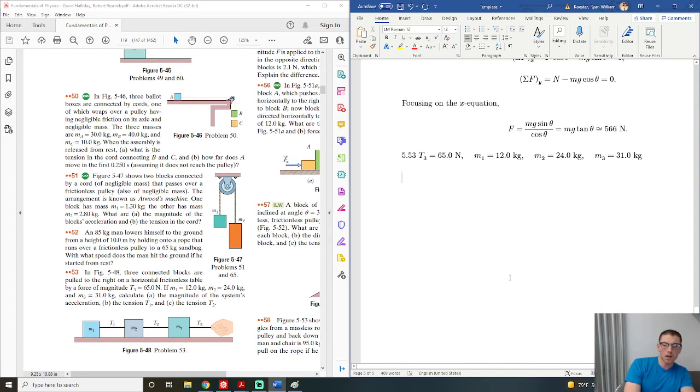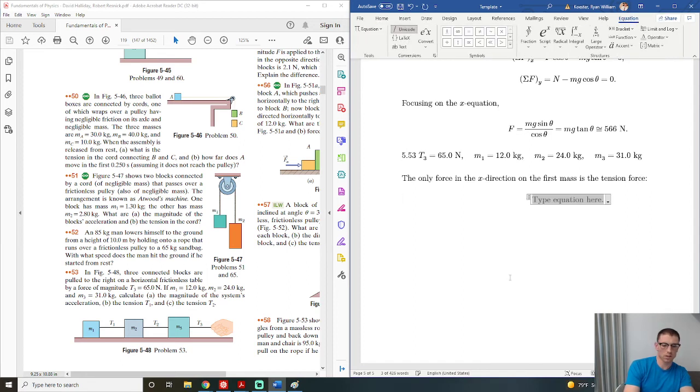So let's say the only force in the x direction on the first mass is a tension force. So we can say sigma F in the x direction on the first one is just T1, and this equals M1 times a.